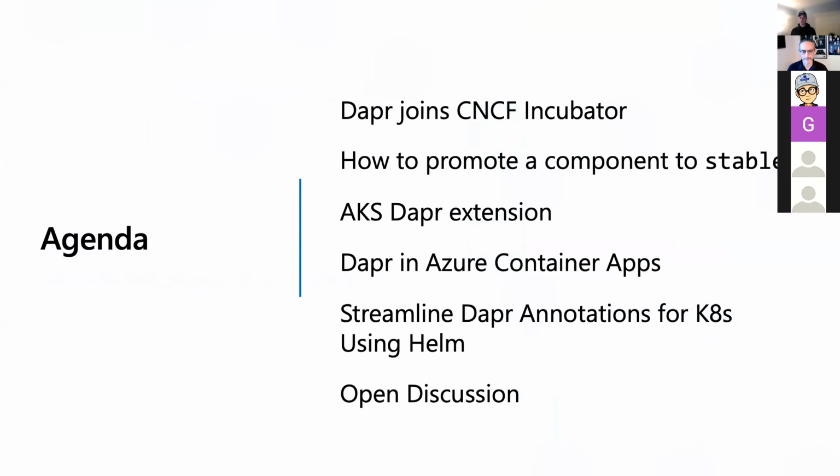Then we're going to transition into the newly released AKS Dapr Extension. We'll also take a look at Dapr's role in the new Microsoft PaaS offering, Azure Container Apps. And lastly, George Stevens will share some insight into how you can streamline Dapr annotations for Kubernetes using Helm.